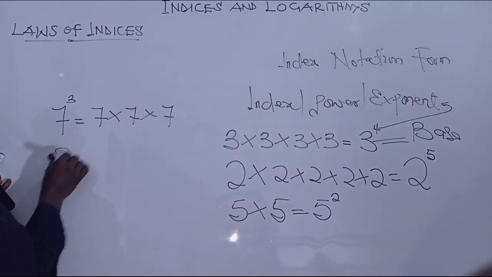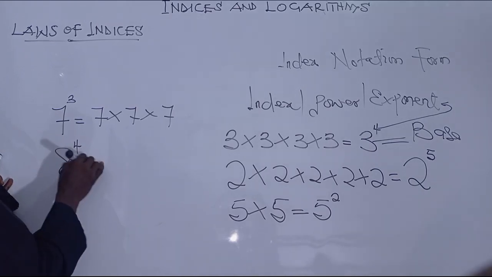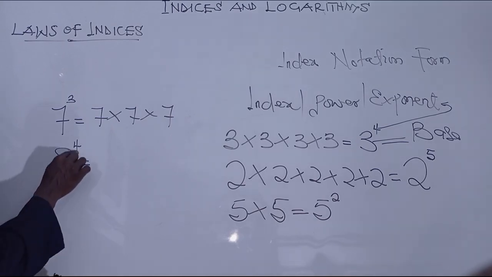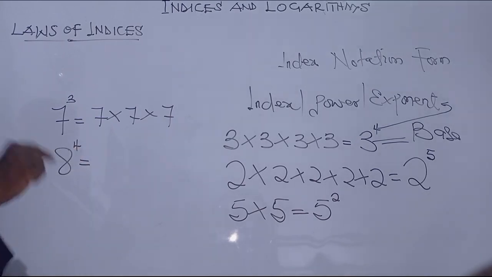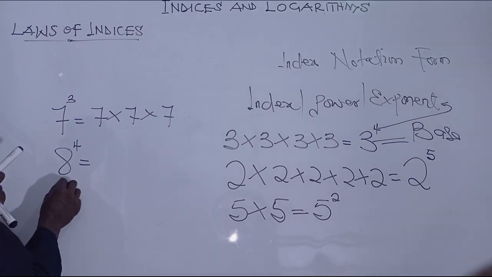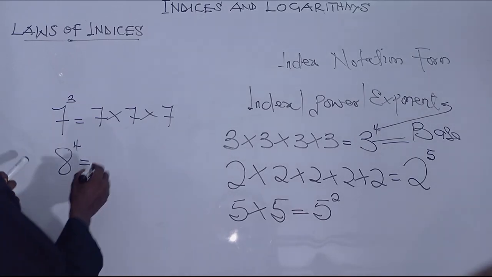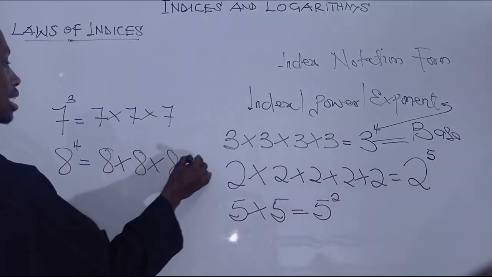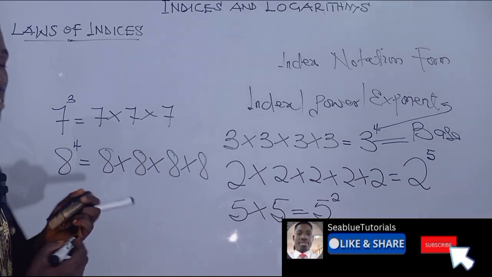Similarly, if you have the number 8 raised to the power 4, this index notation means that the number 8 is multiplying itself 4 times. So we can therefore write or expand this as 8 times 8 times 8 times 8.